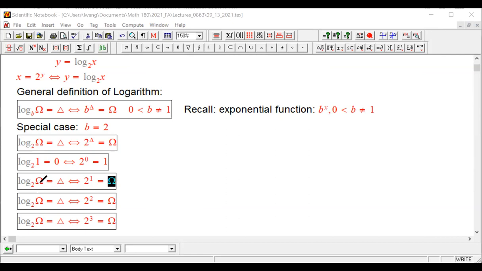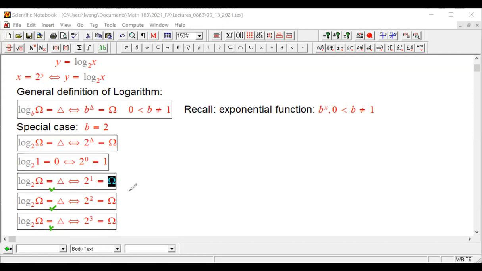And 2 to the power of 1, that 1 should go somewhere on the other side. It's going to go into theta. So I want you to complete this guy, complete this guy, complete this guy, complete this guy. Can you do that for me?